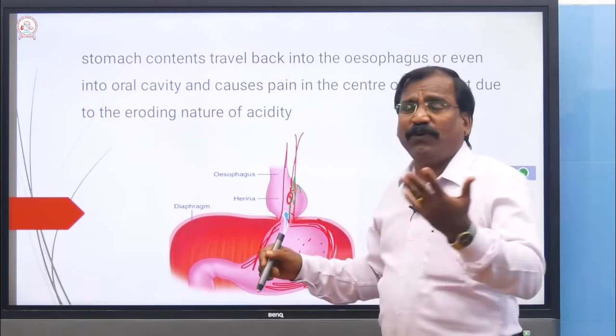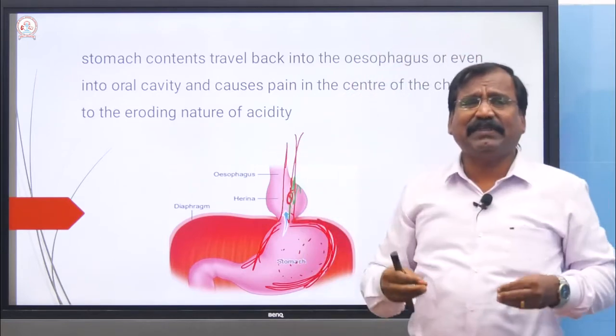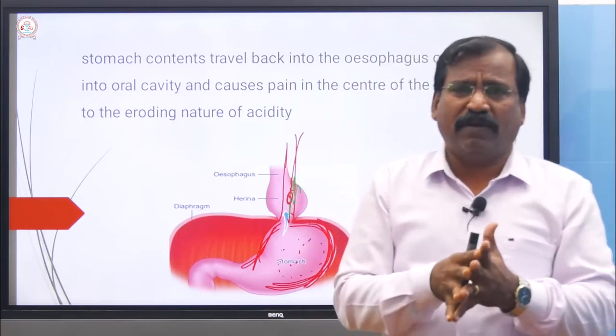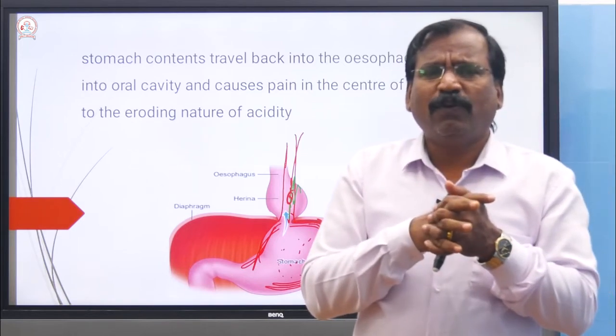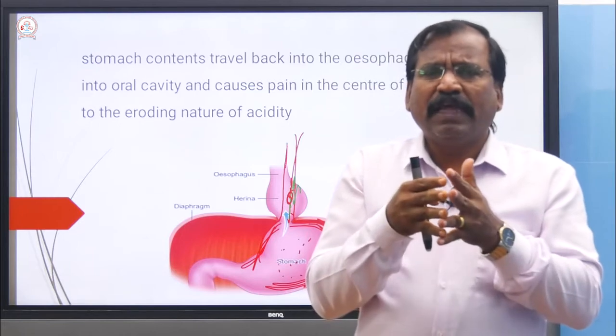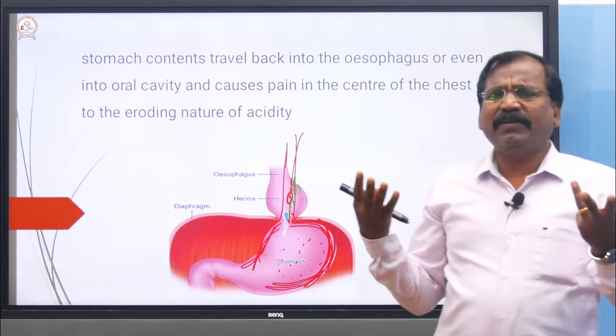But here there is no thick protective layer, because the esophagus performs only the conduction of the food by the peristaltic movement. Otherwise, no enzymes are secreted. That's why naturally the esophagus is not so much protected, because there is no digestion.